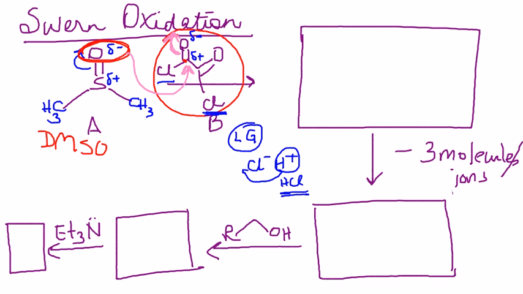So when that happens, what are you going to see? You're going to end up with sulfur with a positive charge, two methyls still intact, oxygen, and now what is oxygen bonded to? Oxygen is bonded to carbon, which has the negative charge, Cl. I'm going to number that just so you can follow along. So that's my carbon number 1, and the COCl still intact.